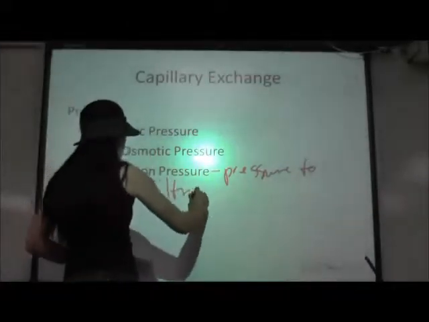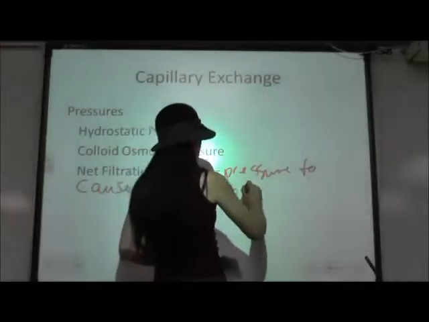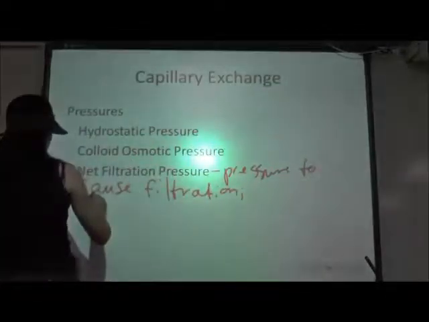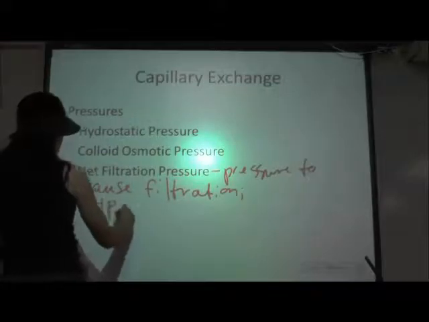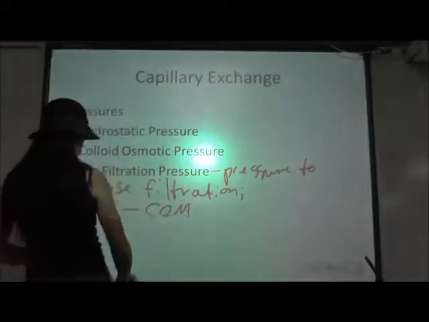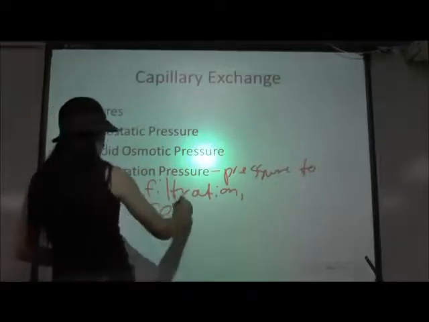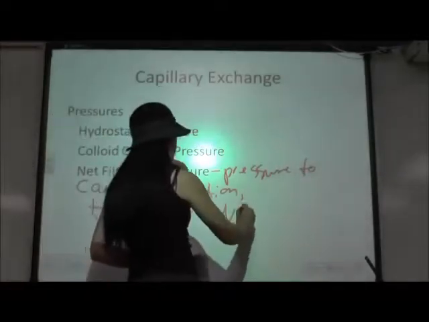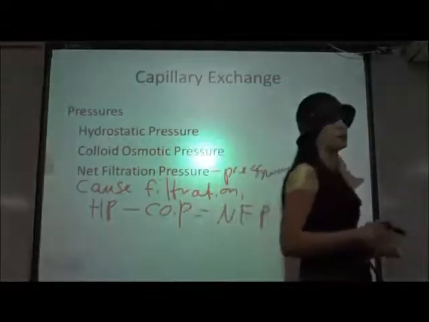We'll talk specifically about what filtration is in just a minute, but we can calculate this by taking our hydrostatic pressure and subtracting our colloid osmotic pressure. And that will give us our net filtration pressure, and that will tell us which way solutes are going to move.